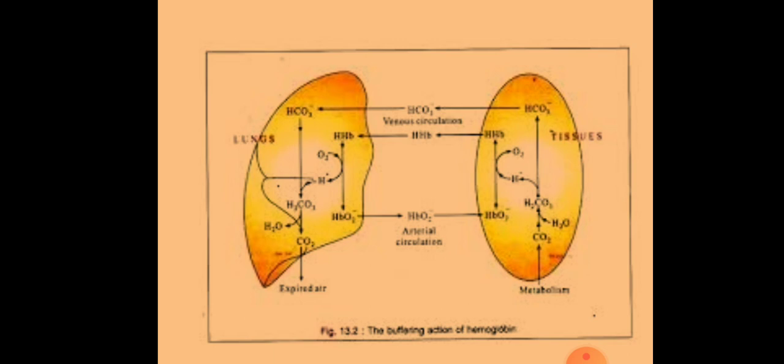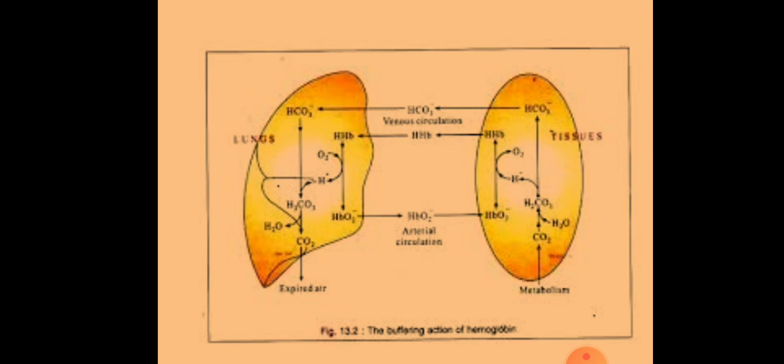There hemoglobin comes into action and acts as a buffer. Carbon dioxide reacts with water to form carbonic acid H2CO3, and this H2CO3 dissociates into H plus and HCO3 minus. The hemoglobin in the oxygenated state in the tissues, HbO2, reacts with these H plus ions and forms HHb and releases oxygen in the tissues.